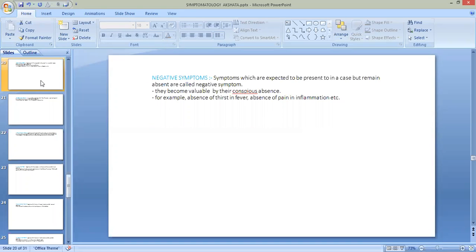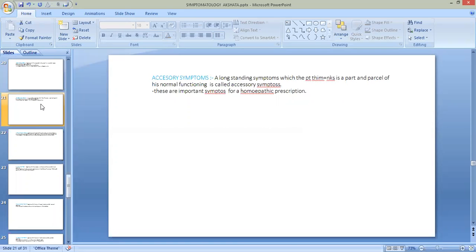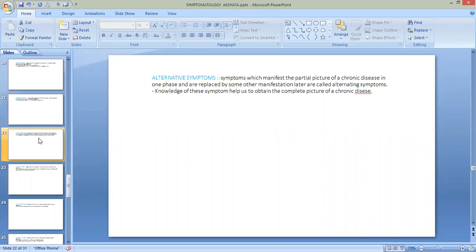The examples are absence of thirst, absence of pain in inflammation. These are negative symptoms. Then accessory symptoms. The patient thinks that these symptoms are nothing but a part and parcel of his normal functioning. These are called accessory symptoms.